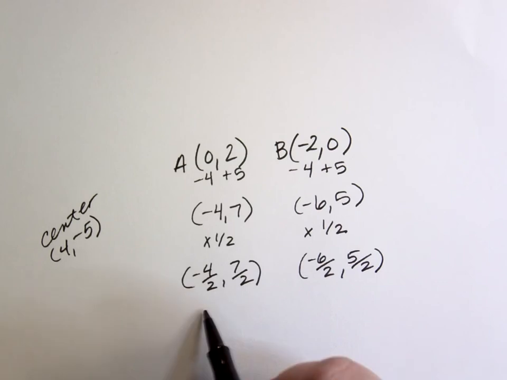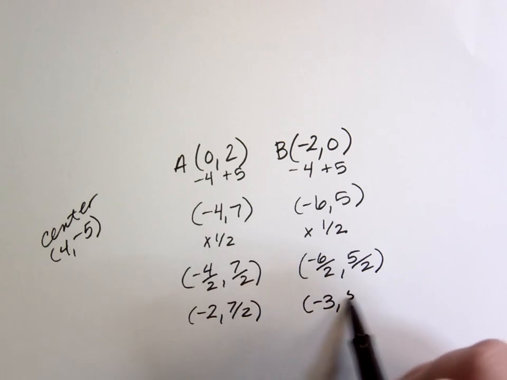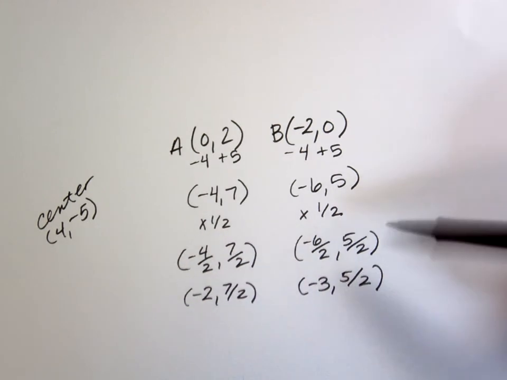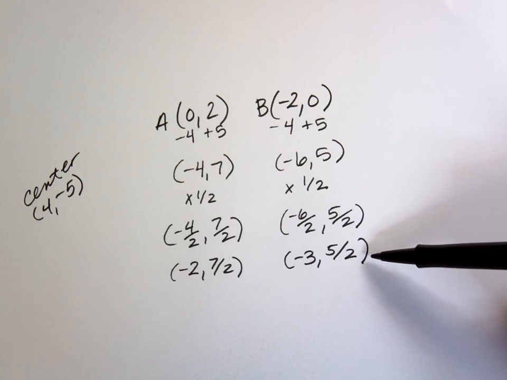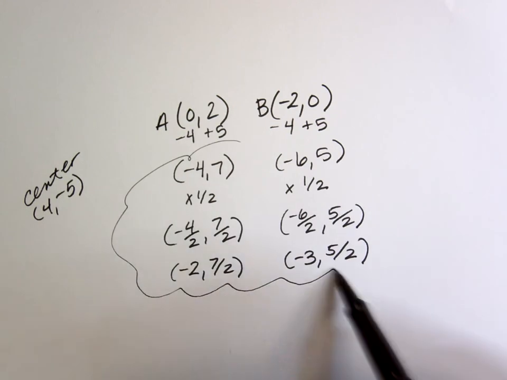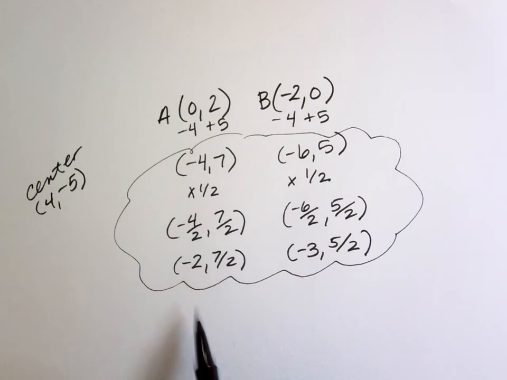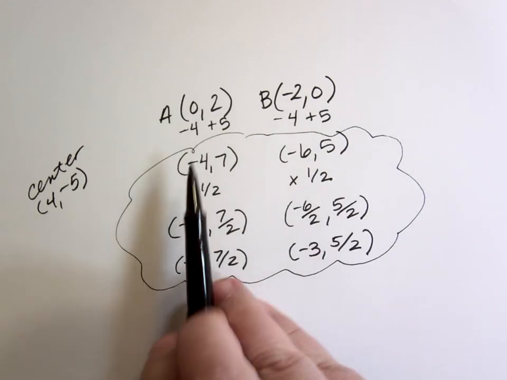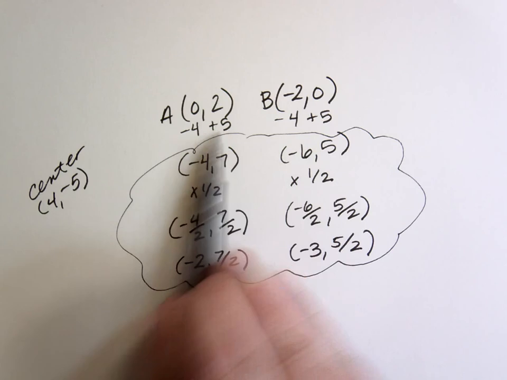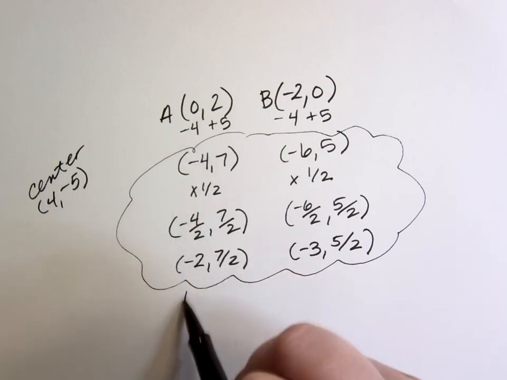I just did it as a fraction, everything is a fraction first. That's negative 2, 7 halves, negative 3, 5 halves. Again, this is where it would be after the dilation if everything was centered at the origin. Everything in here is me working with what if it were centered at the origin, because I had done the shift. Now I need to take it back away from the origin. So I'm going to do the opposite of subtracting that point, which is adding it. I subtracted 4 up here, so I'm going to add 4.